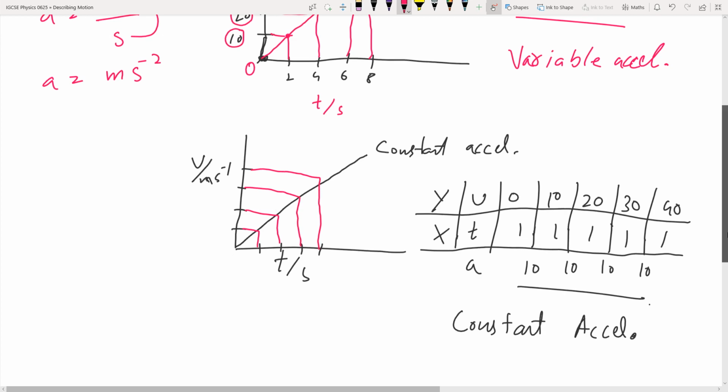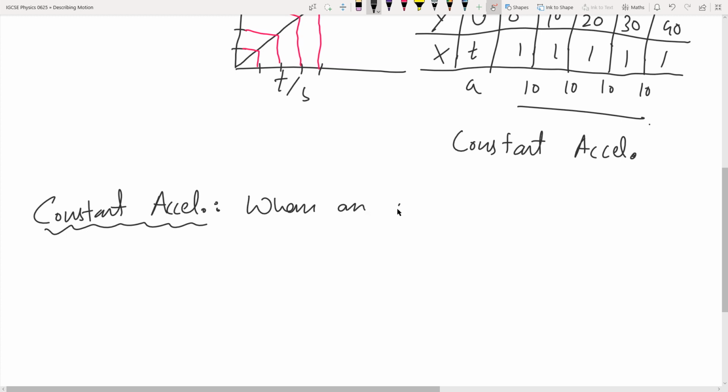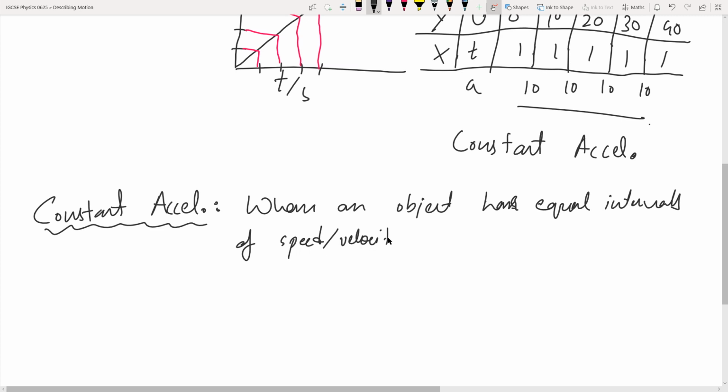Again, if we define constant acceleration and variable acceleration, we can say constant acceleration is when an object has equal intervals of speed, velocity, I'll write both, it works both ways, in equal intervals of time.